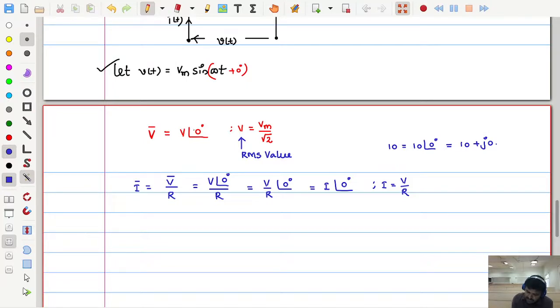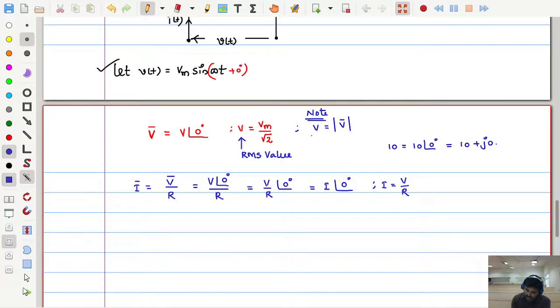That you need to observe carefully. V bar means phasor, V means only magnitude. If you want, you can put it in other ways like this: V is equal to mod of V bar. You can make a note of this. It means the magnitude of V bar is V.